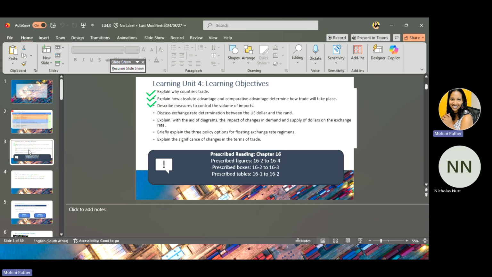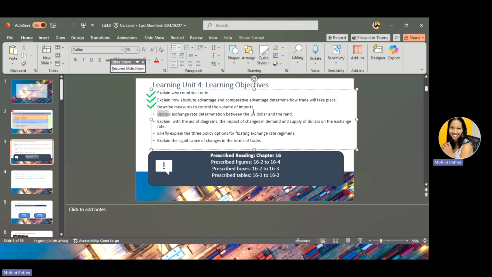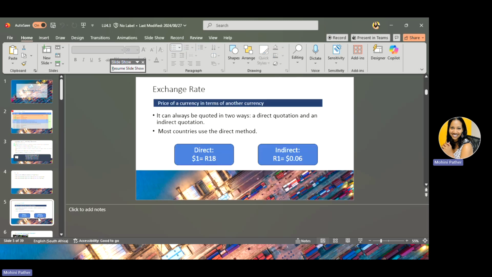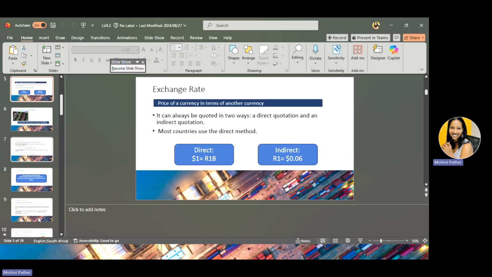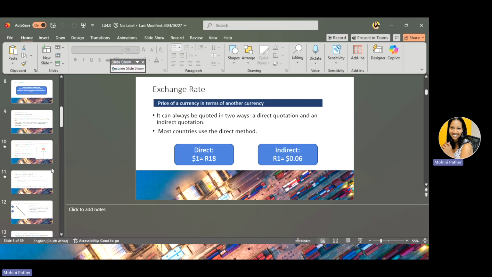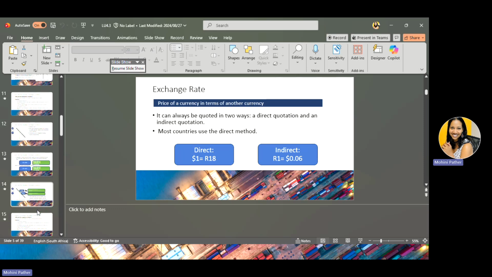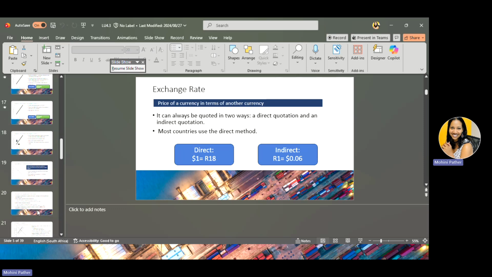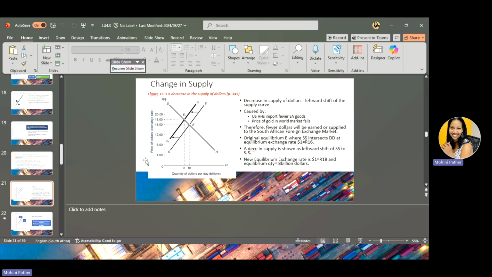So here when we look at the exchange rate, this is obviously going to be quite important as well. And we're going to look at what happens in terms of dollar supply. Now, of course, because the dollar is the reserve currency of the world, it is the one that everybody pegs against. So that is the most important peg that we are concerned with.